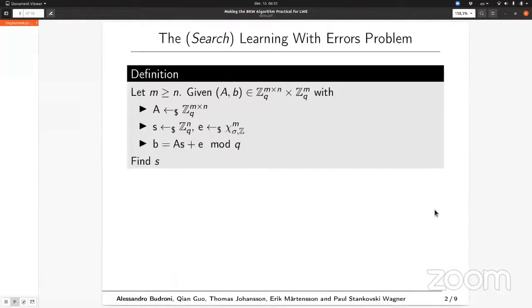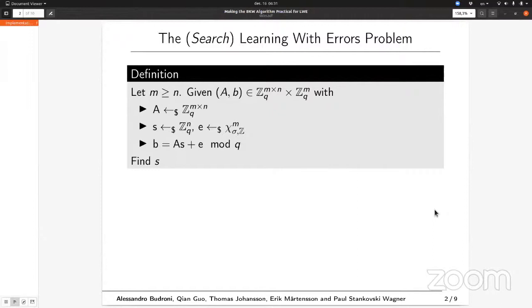So I will start by giving a brief definition of the LWE problem. Given two integers, m larger or equal than n, and given a pair A and B, where A is an m times n matrix, where the entries are chosen at random modulo q as integers, and B is a vector of length m such that, given a secret vector S of length n, chosen uniformly at random, and an error vector E of length m, where the entries are chosen according to a certain distribution with standard deviation sigma, then B is equal to A times S plus E modulo q.